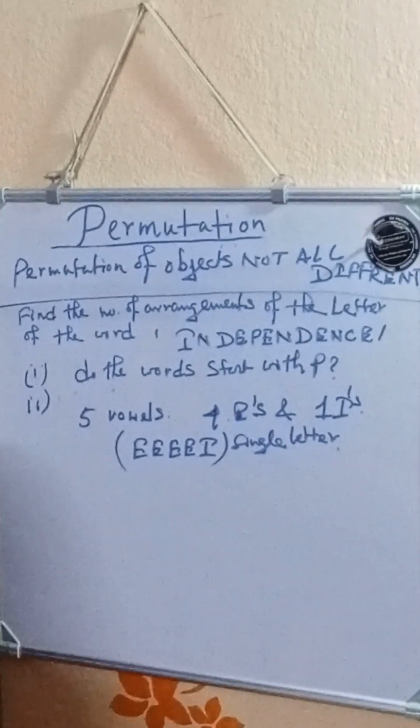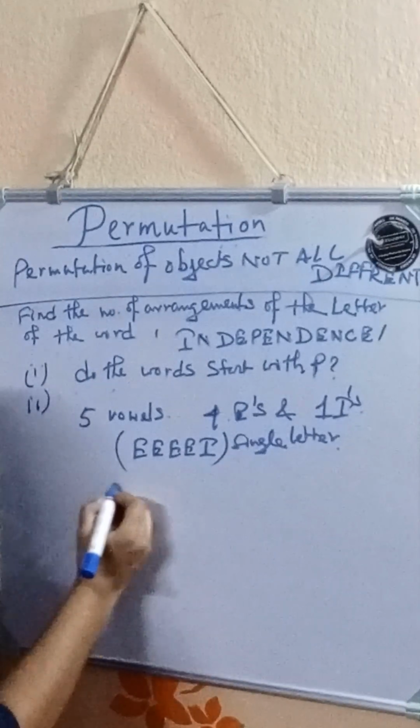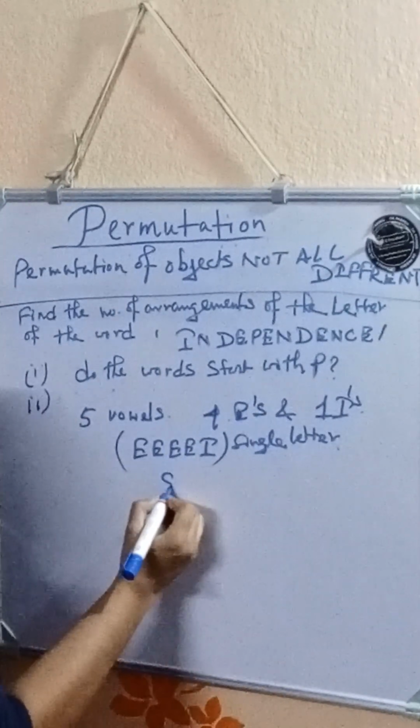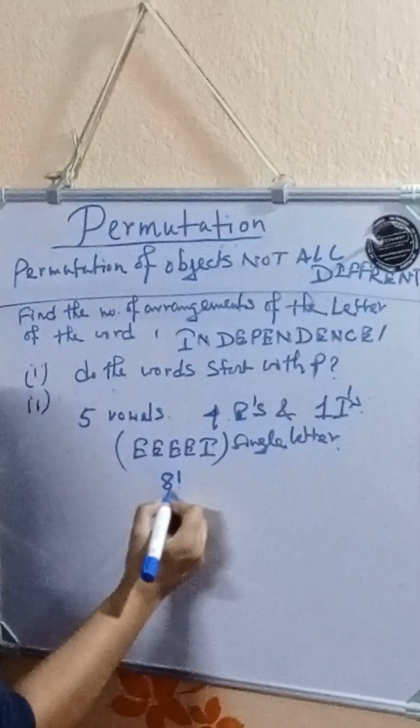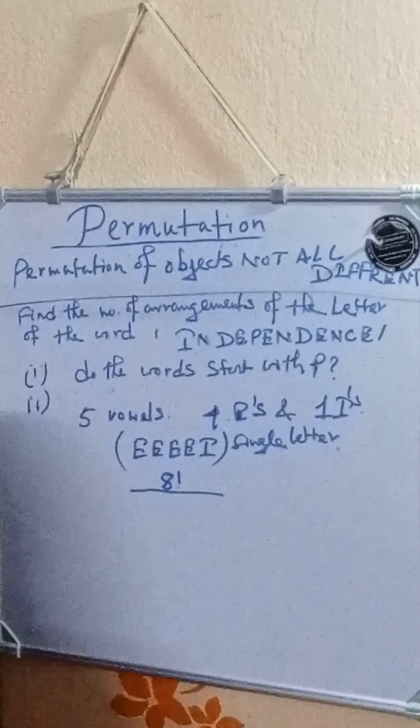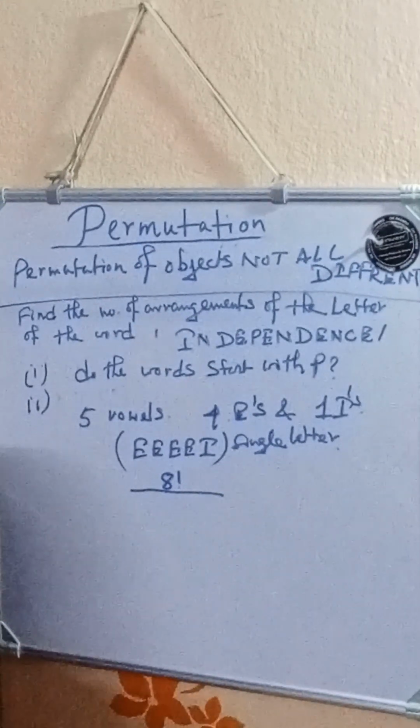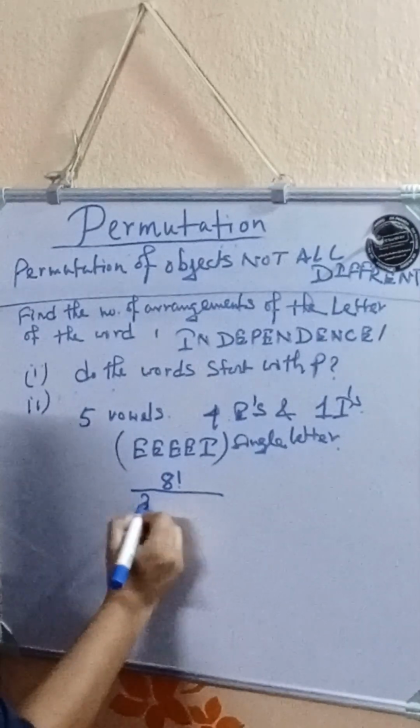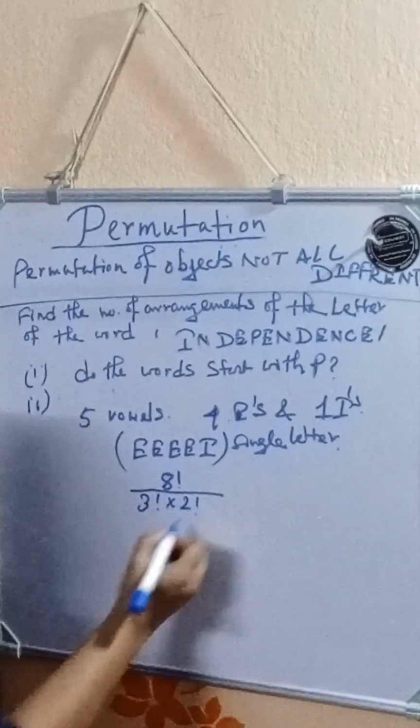Then the total number of letters will be 8. Therefore, these letters can be arranged in factorial 8 ways, and there are 3 N's and 2 D's, so we divide by factorial 3 into factorial 2.